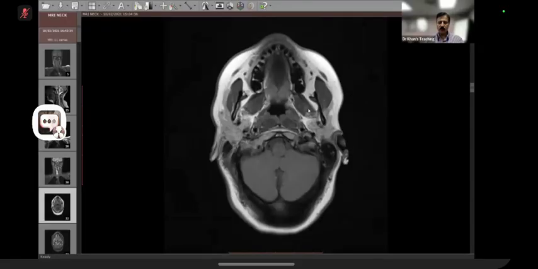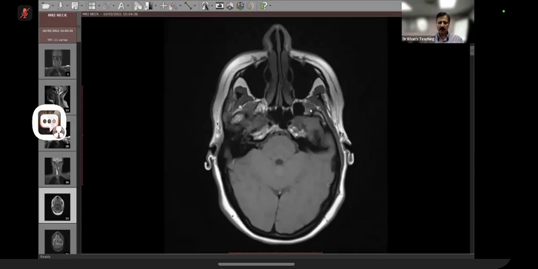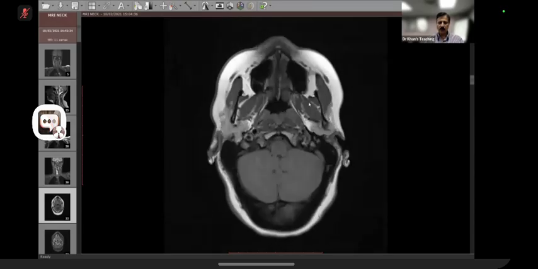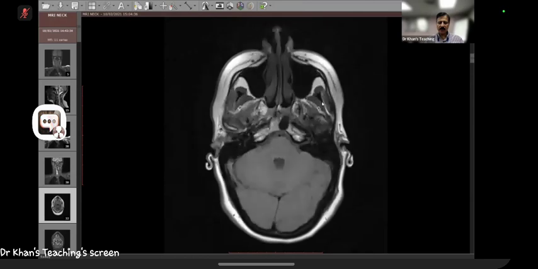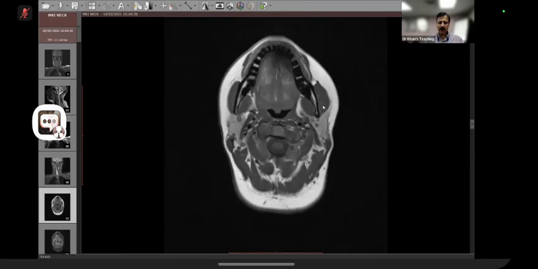Having said that, this will be better seen on a CT scan for the simple reason that they are bone. However, you can see that these are the muscles, the medial and the lateral pterygoid, temporalis, masseter. So all of this is the masticator space. So let's go down once again and come back.